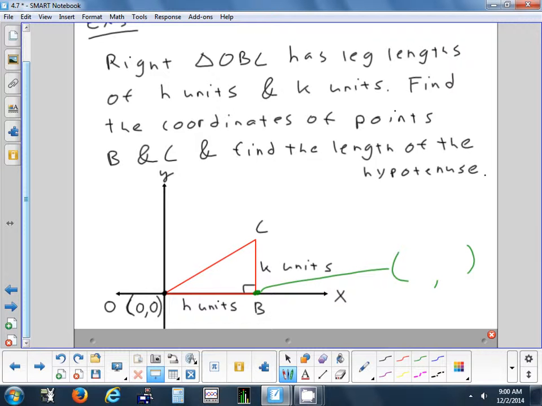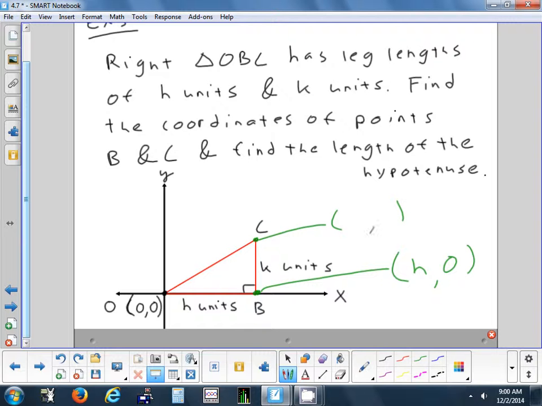Think about how far over you go from the origin, and then think about how high up you go. You go over h, so the x coordinate here is h. How high up? 0. We don't go up at all. So the coordinates for B are h comma 0.